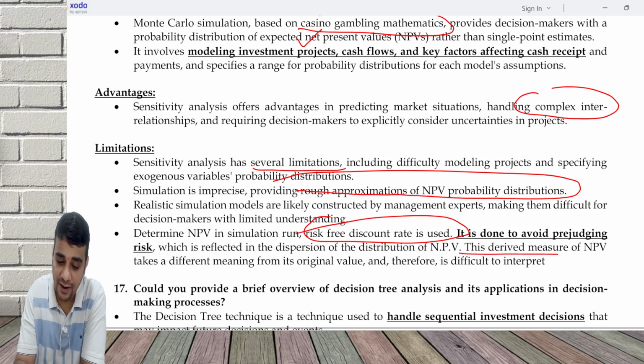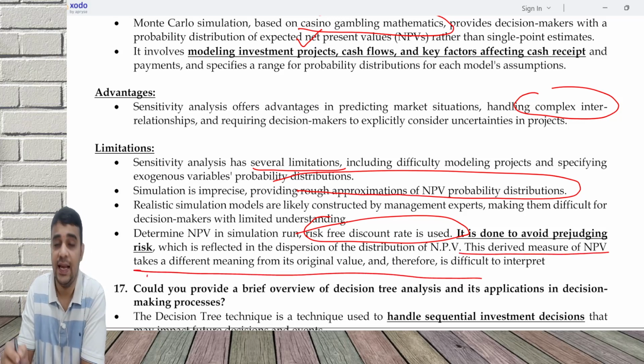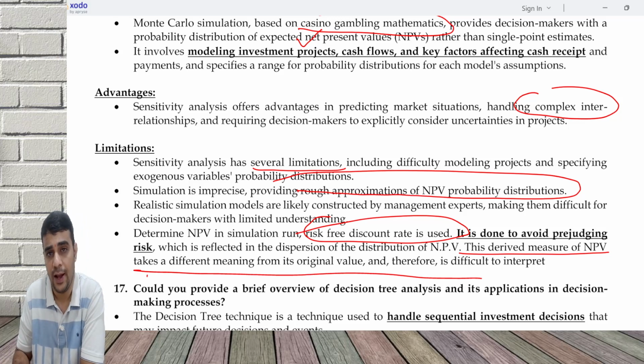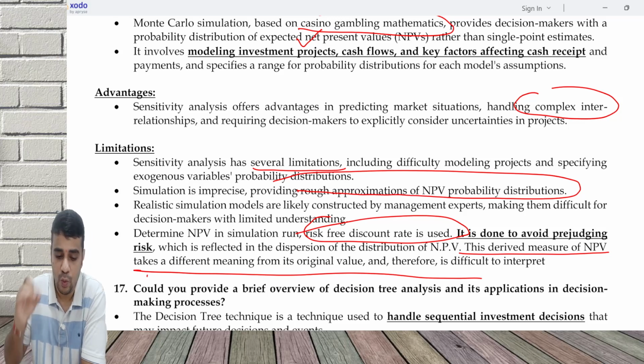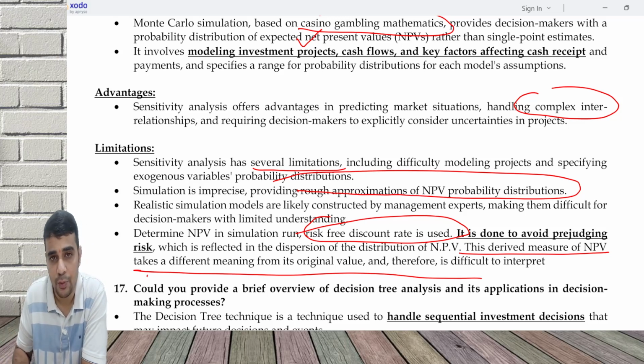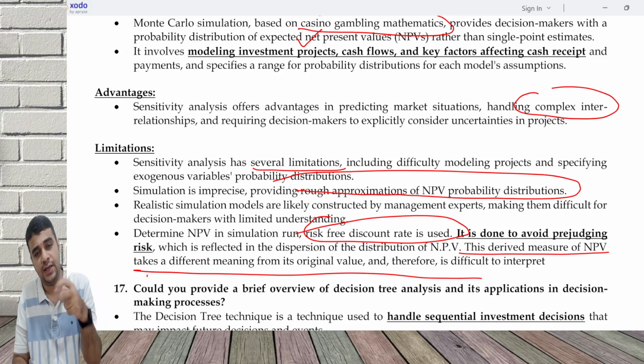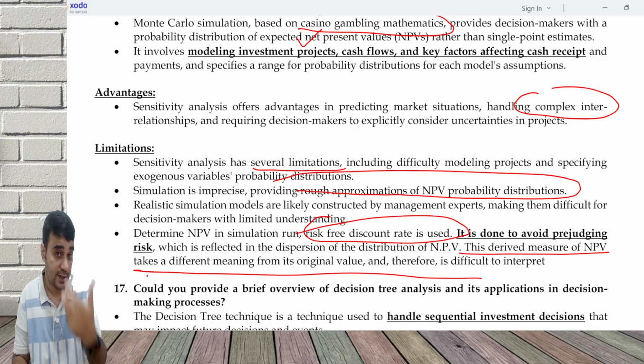So whatever average you derive takes a different meaning from its original value, and therefore it is difficult to interpret. One, deciding the probability distribution is very difficult. Whatever outcome comes may not be perfect, and you are also using a risk-free discount rate. The answer we get may not be the right NPV, because calculating NPV on the basis of RADR, the risky discount rate, is the right NPV.